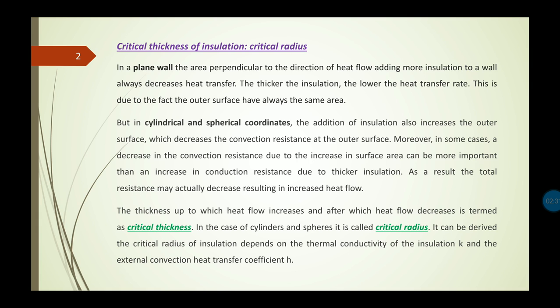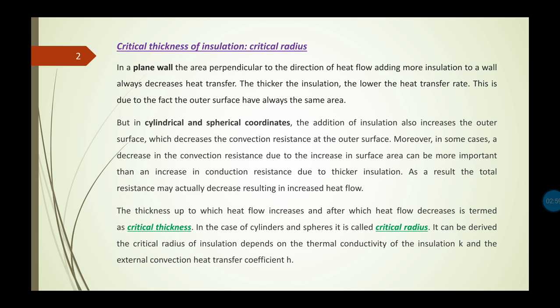So this is what happens in case of the cylindrical and spherical coordinate. The addition of the insulation increases the outer surface, but it decreases the convection resistance. As a result, the total resistance may actually decrease, resulting in increased heat flow.